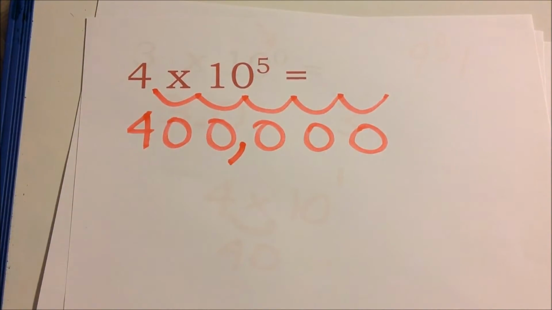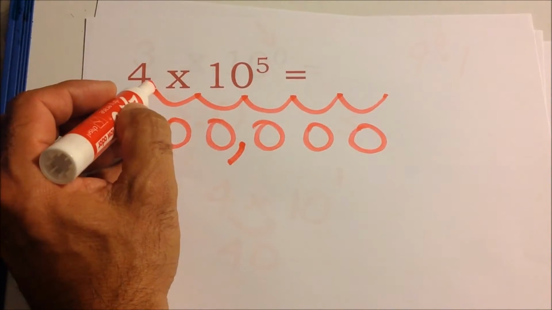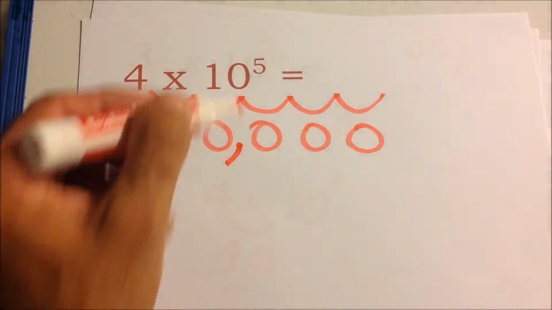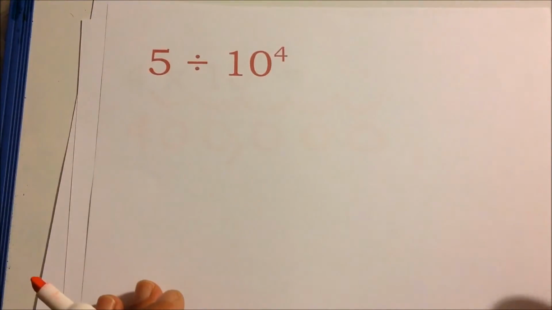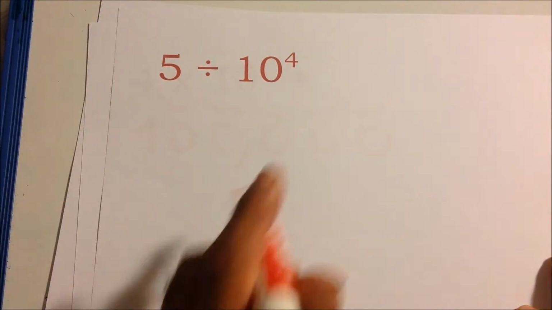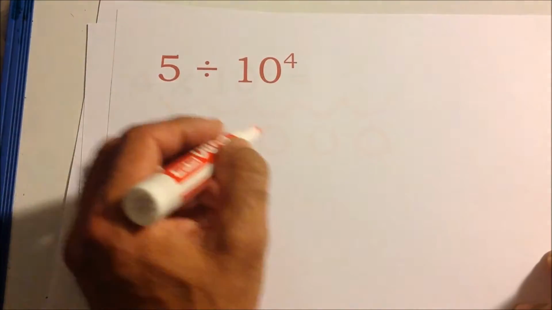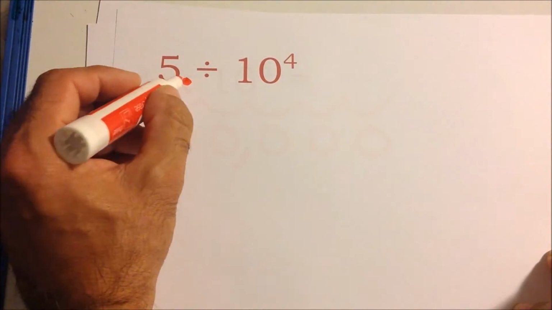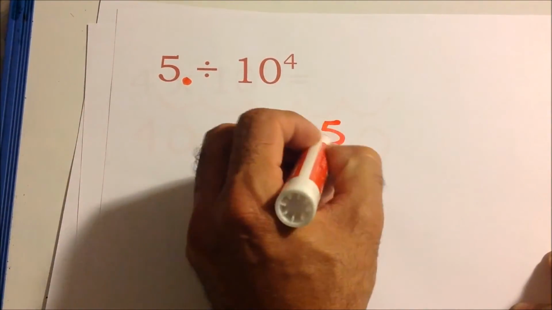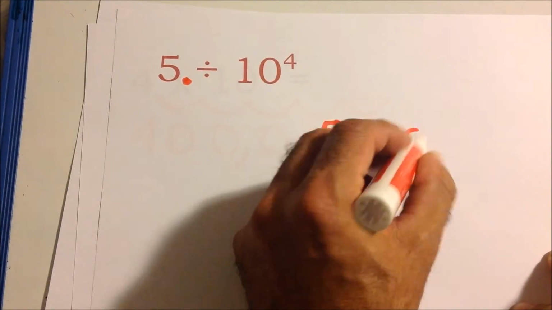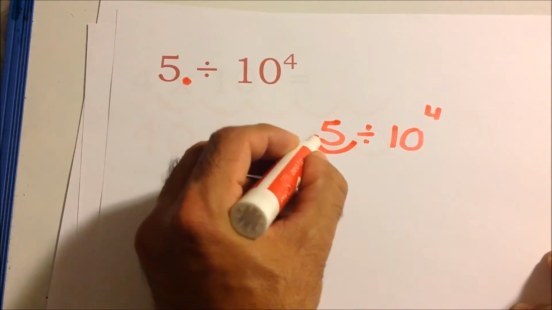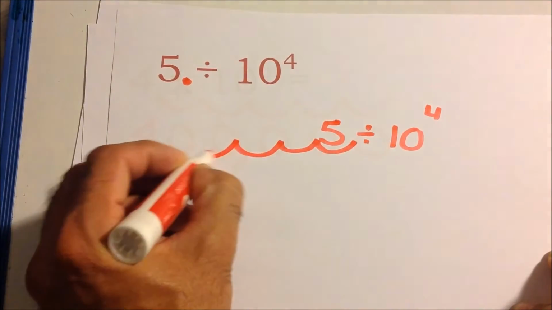Now when you see division, we do the opposite. With multiplication, we went this way to the right, but with division, we go the opposite way. Again, the exponent tells us to move the decimal, which is right here, 4 times. So let's bring it over here so we see it a little better. Move it 4 times. 1, 2, 3, 4.